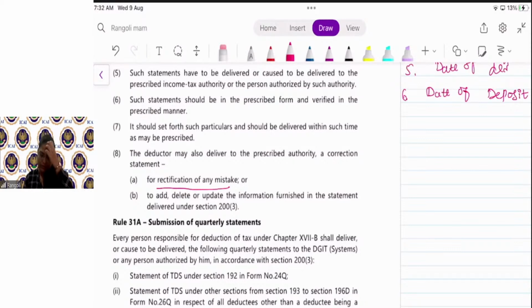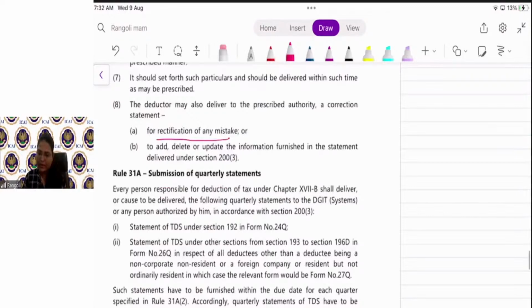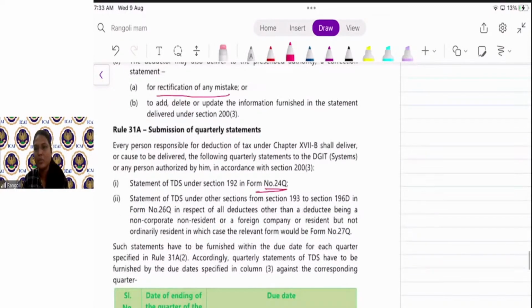Now, the due date for filing. So Form 24Q, that is TDS return 24Q, needs to be filed in case the TDS is deducted under 192, that is salary. Other than salary, Form 26Q is required to be filed.